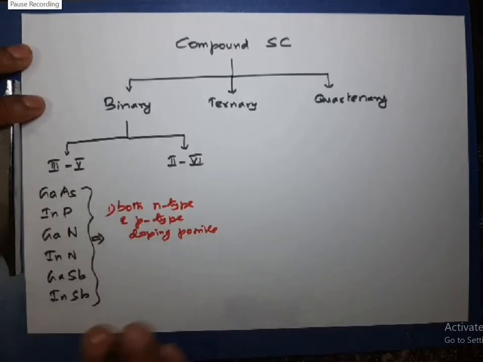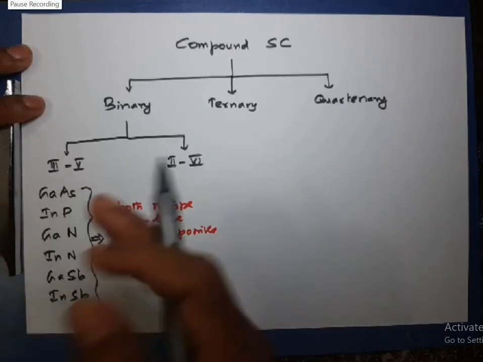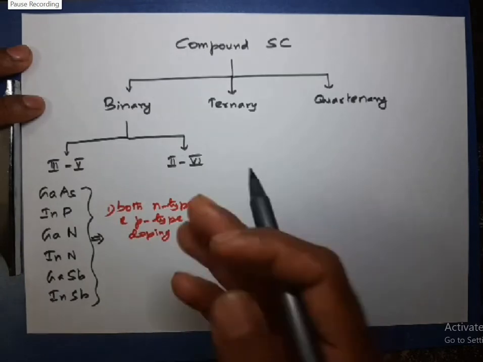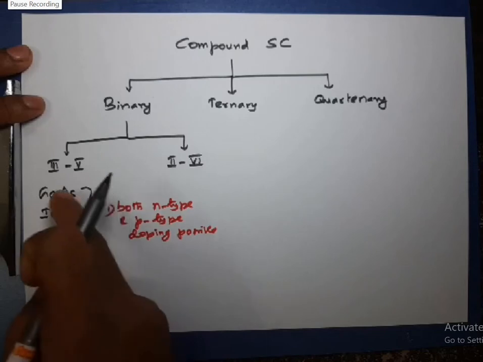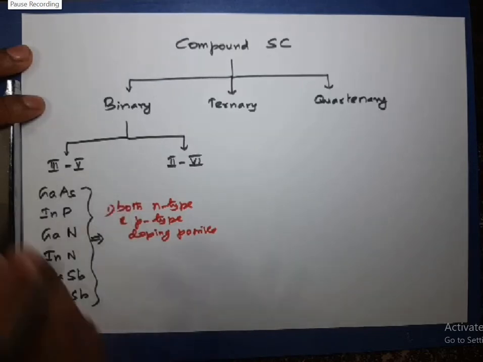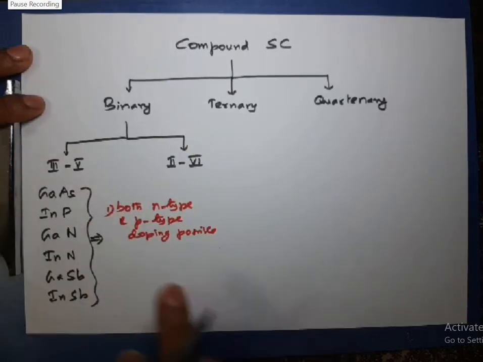So this is very important. That's why in most modern-day semiconductor devices, you can see semiconductors based on these types of materials, 3-5 semiconductors, because both n-type and p-type are possible here.